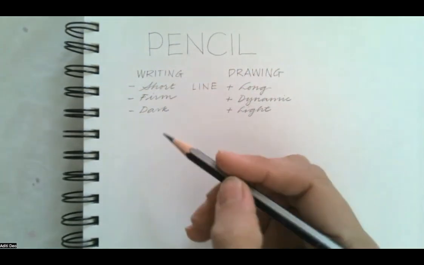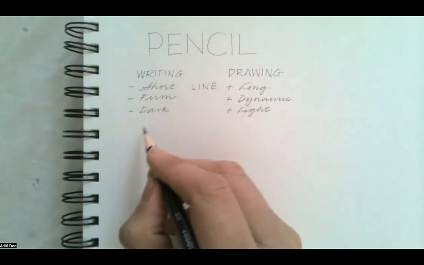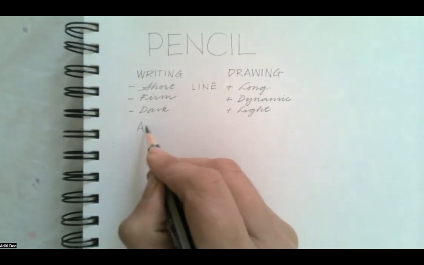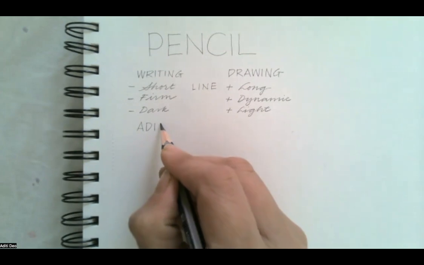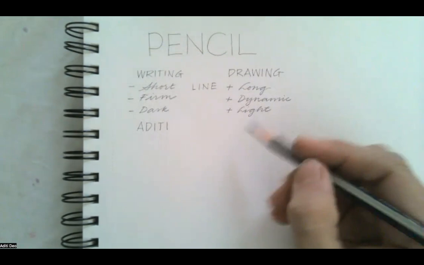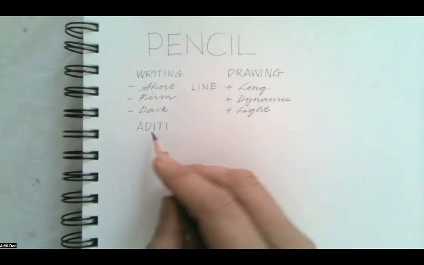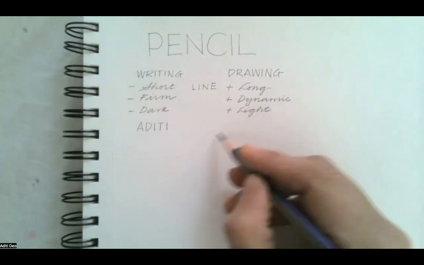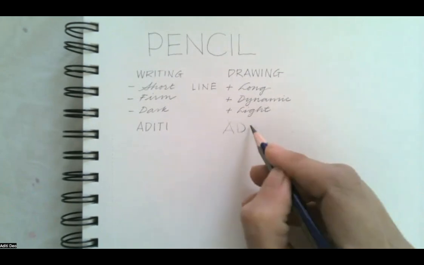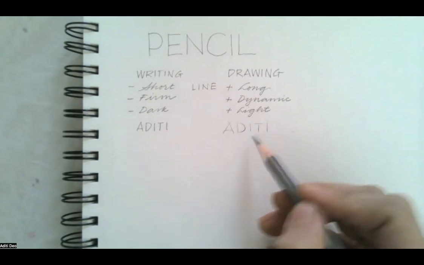So let me try and show you an example. In writing, if I have to write my name, I will make sure that the line is uniform, dark throughout. But if I have to draw my name, if I don't do this, the kind of line that I will have will be, and this looks like a very weak line.